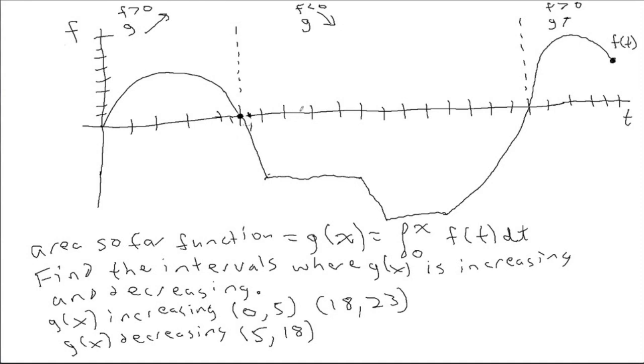No, but I could draw a graph of G. If I did draw a graph of G, what would be happening to that graph at this point? That's going to be where the derivative of G is 0. That's true. What does that mean about its graph? The slope is 0. Good.